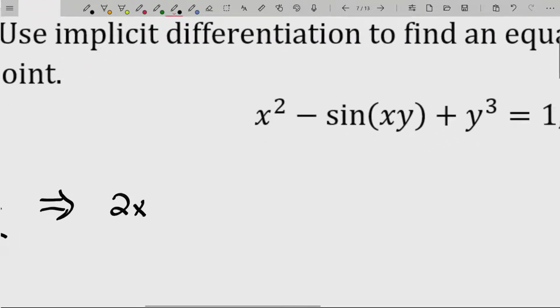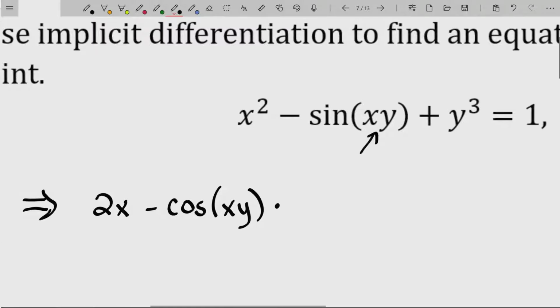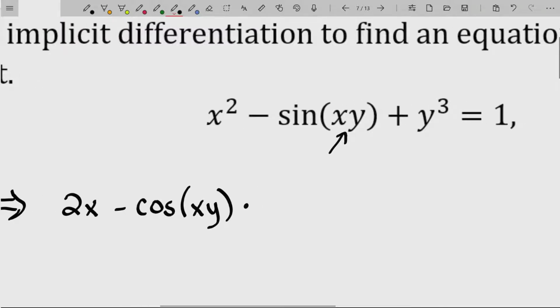The derivative of sine is the cosine of whatever its argument is. But then by the chain rule, you have to hop inside this sine function and take the derivative of its interior. The derivative of its interior, well, that's a product rule.